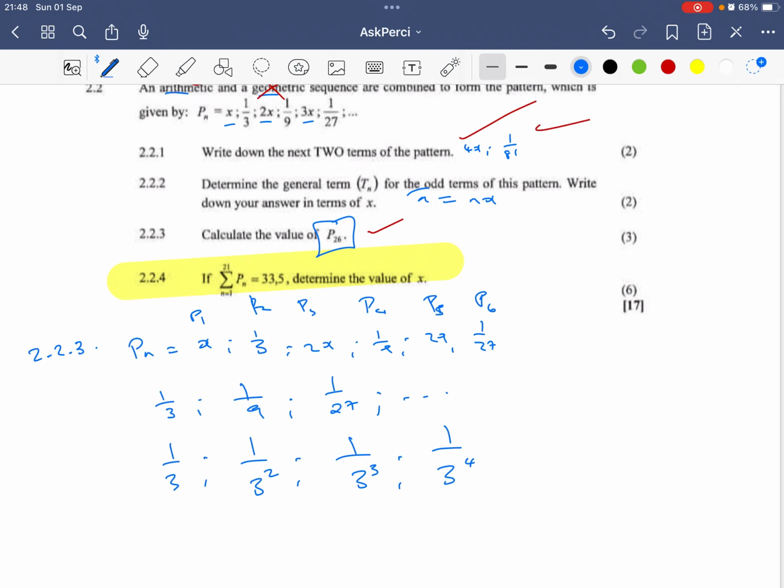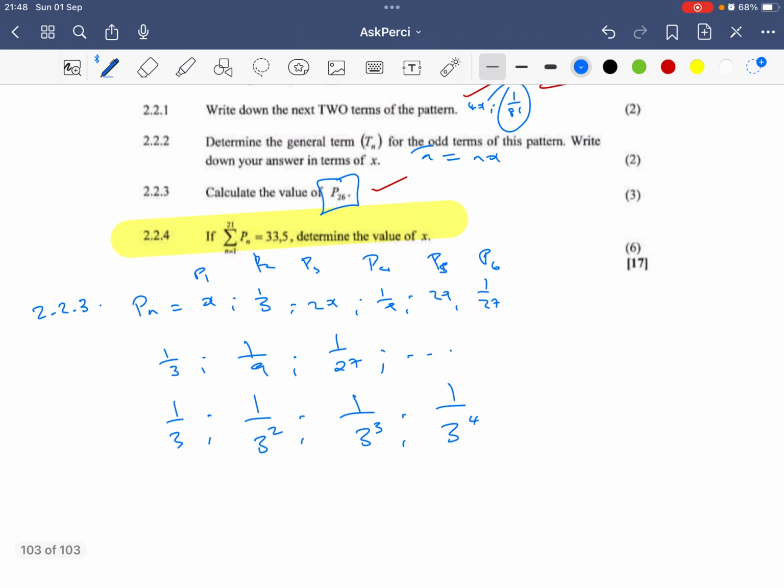Remember, that's 1 over 3 power 4, which you said is 1 over 81 earlier on. That's the even sequence, right? The odd sequence is what we just discovered on 2.2.2. However, this is P26, and P26 is an even number, so how do we do this?